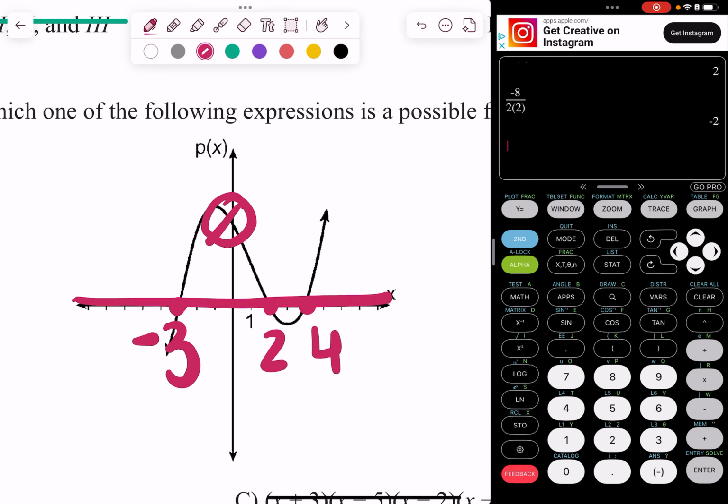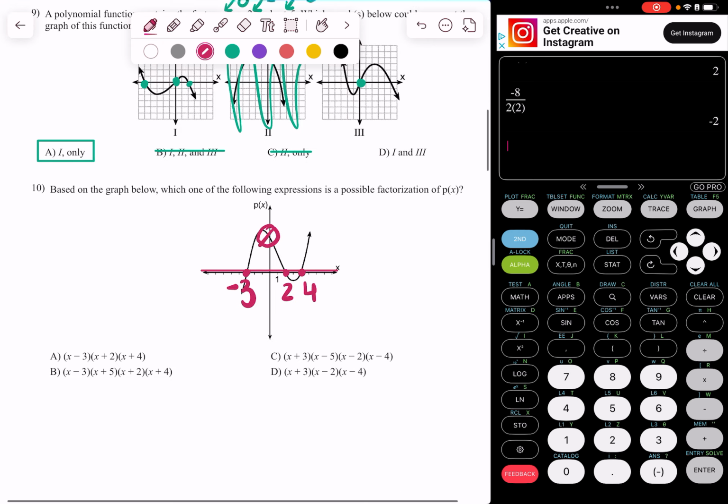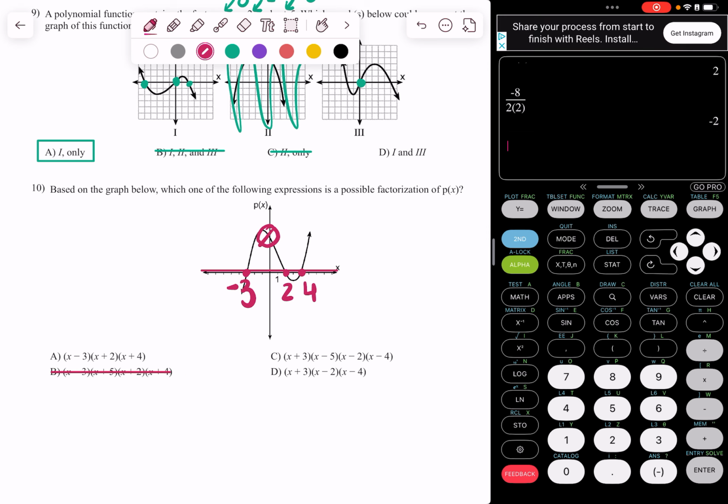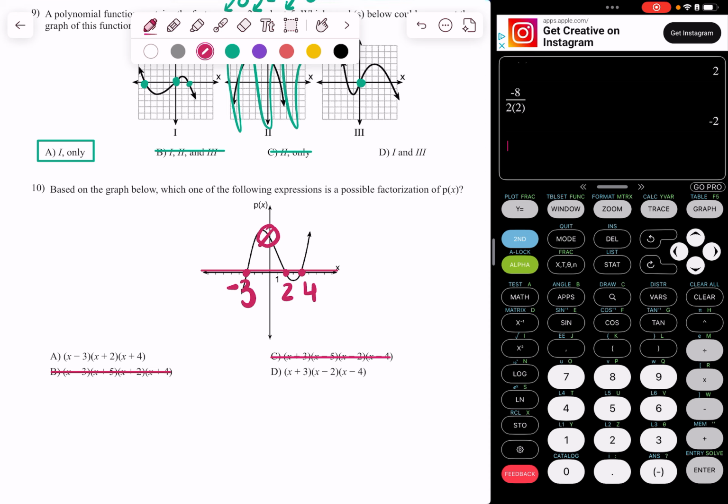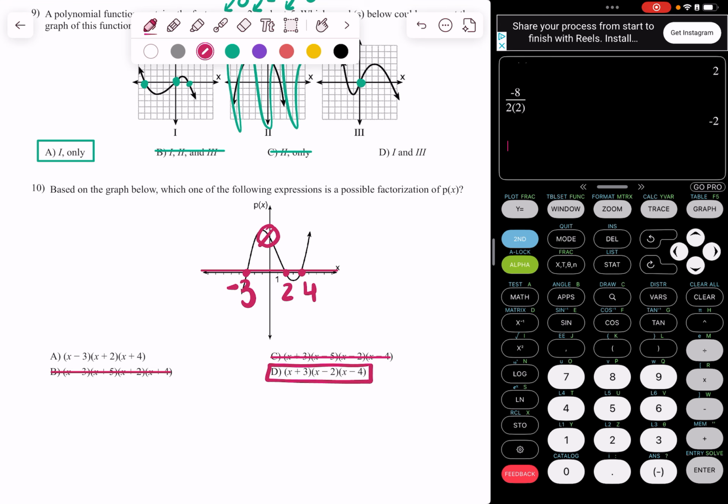I only care about x-intercepts, roots, zeros, and solutions, which are all the points where the graph crosses the x-axis. So I need an answer choice that has 3 things in it, which is either A or D, and I choose the opposite of what I see there. So if the zero is negative 3, then in parentheses it would be a positive 3, which is answer choice D.